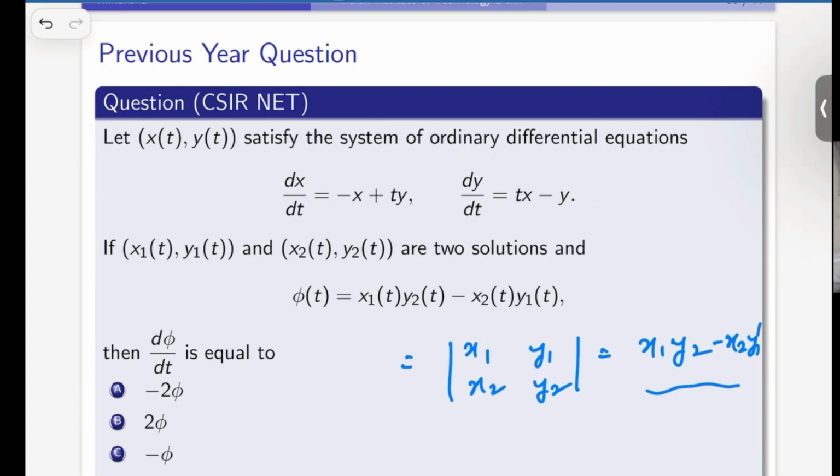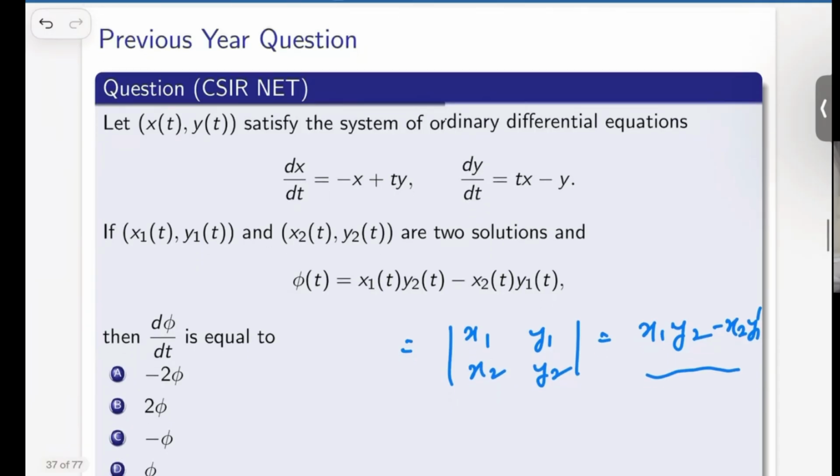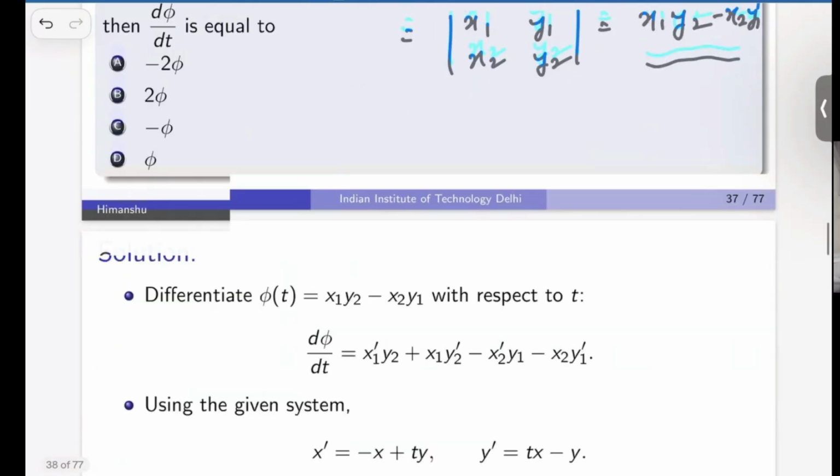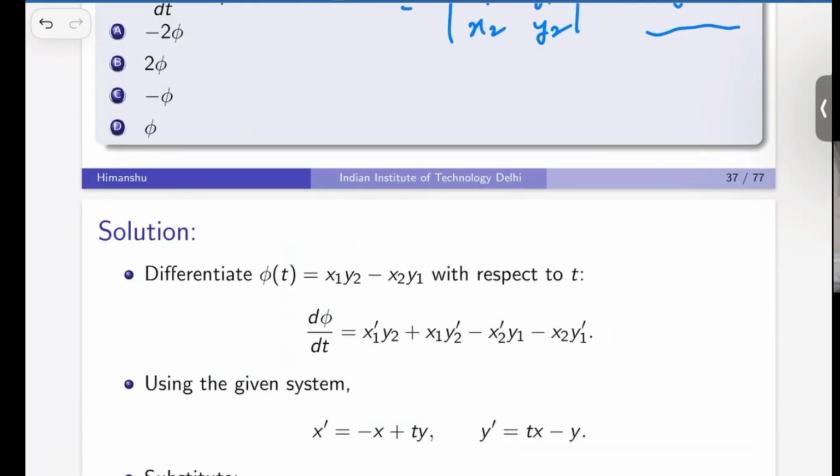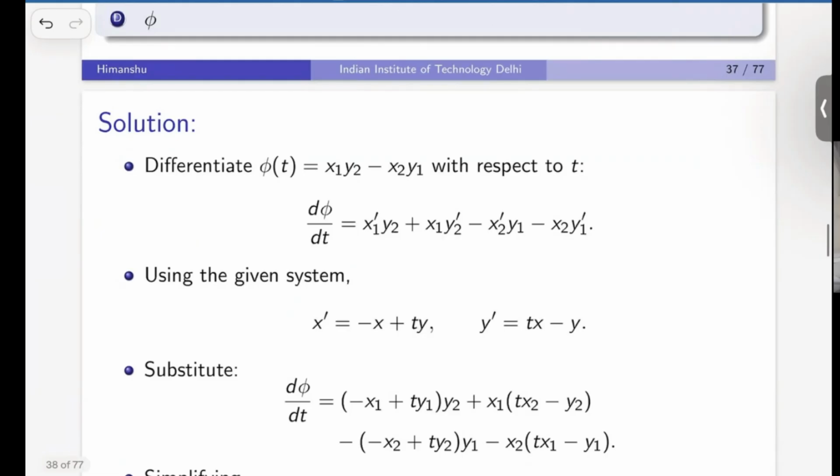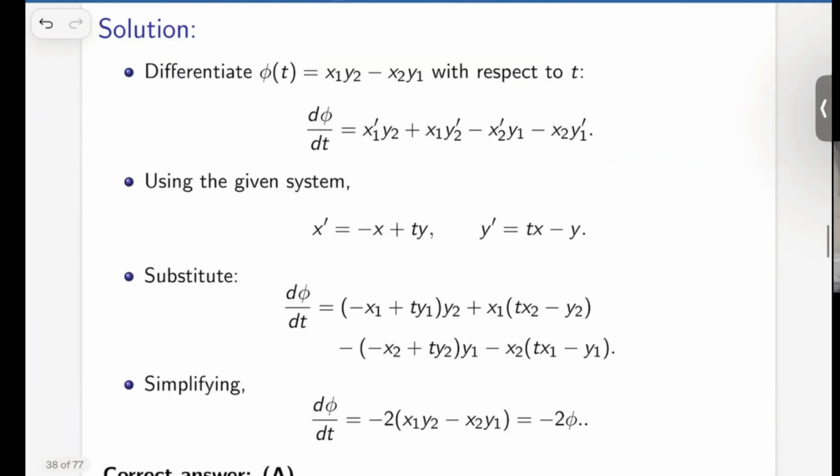You don't even need the concept of differential equations. If you notice this is a determinant, then you can solve this question. So I have differentiated with respect to t and, using the given system, substituted it back here. We find this relation: -2 phi.